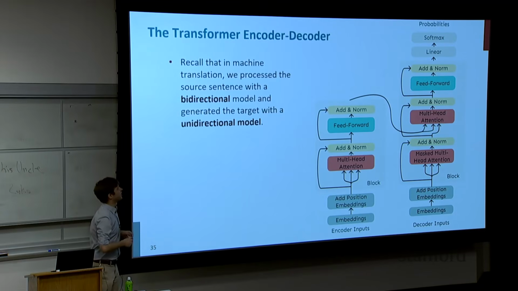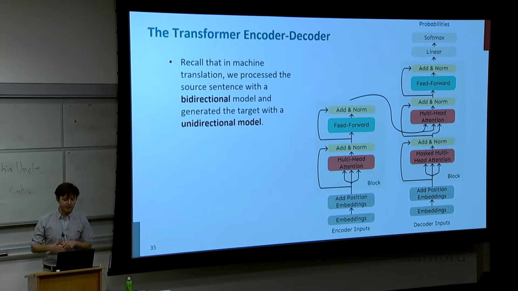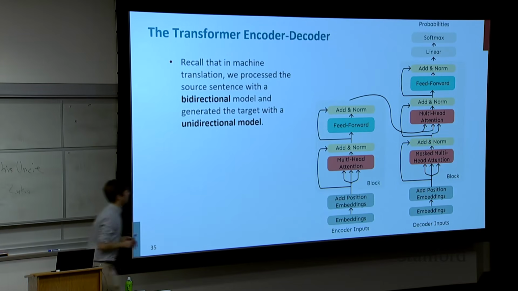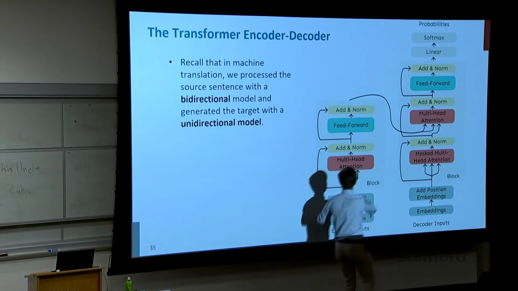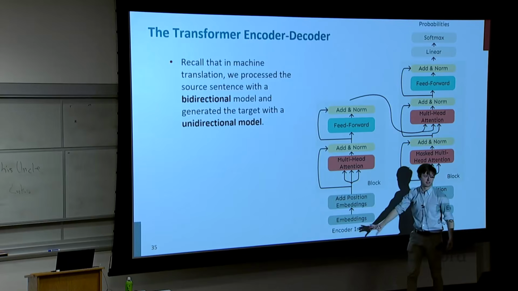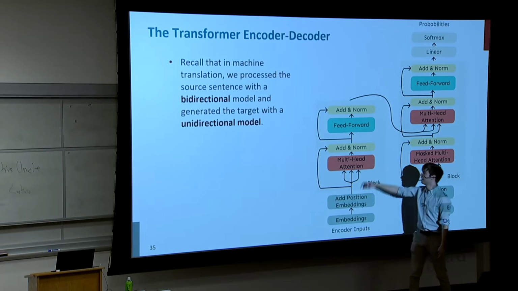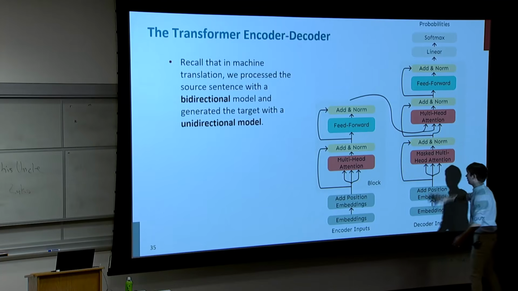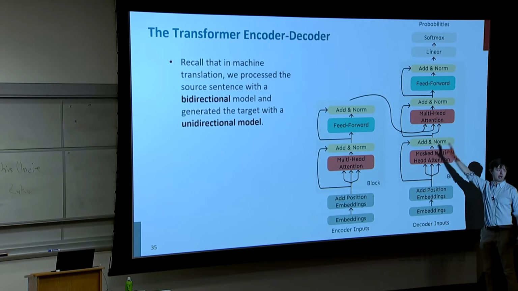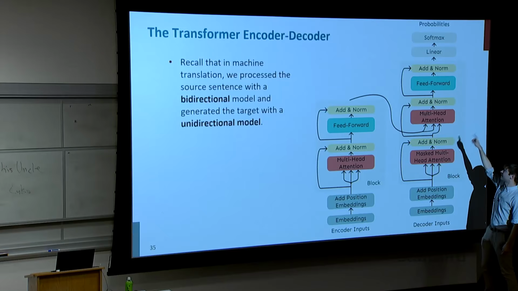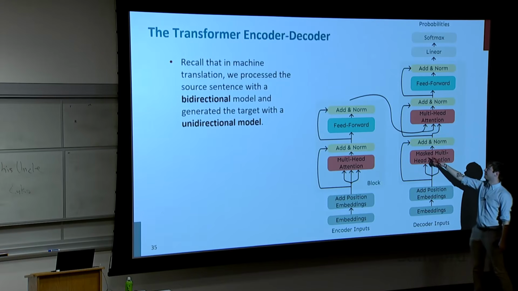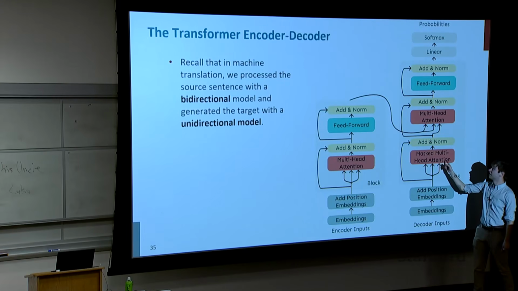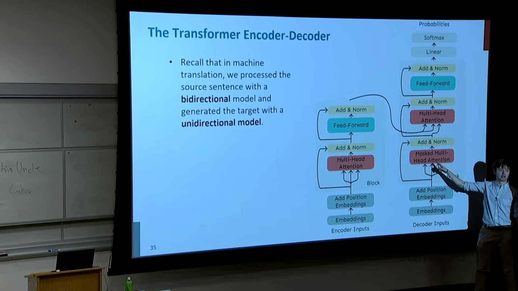encoder-decoder, which is actually how the transformer was originally presented in the paper Attention is All You Need. This is when we want to have a bidirectional network. Here's the encoder. It takes in, say, my source sentence for machine translation. Its multi-headed attention is not masked. And I have a decoder to decode out my sentence. Now you'll see that this is slightly more complicated. I have my masked multi-head self-attention, just like I had before in my decoder.